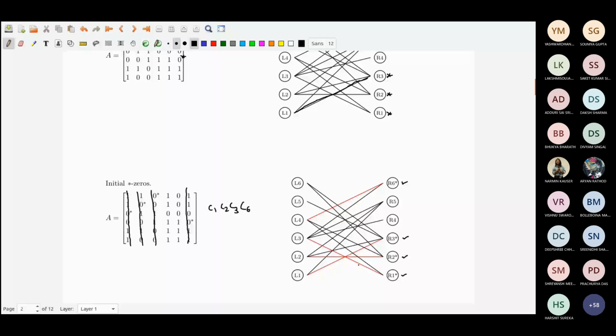For example, I have A15 over here, that is remaining there. This essentially means L1 to R5, that edge does not have R1 star, R2 star, or R3 star, or R6 star as an endpoint.